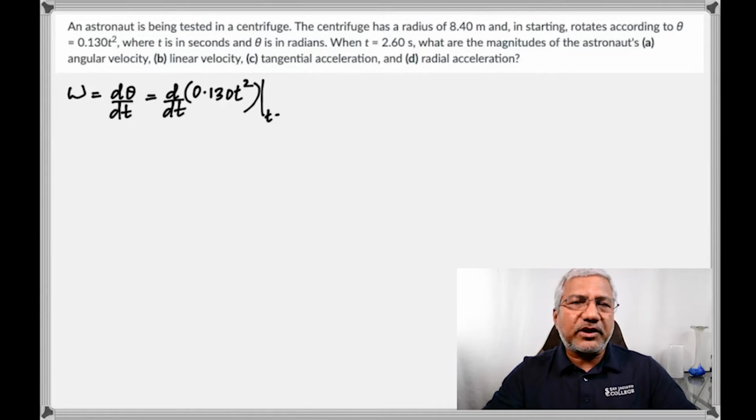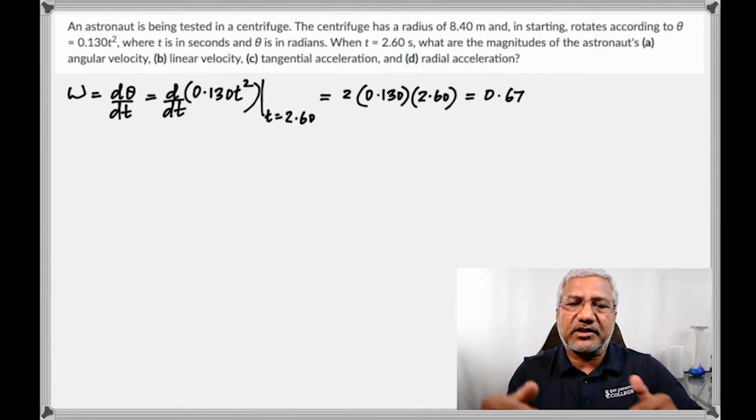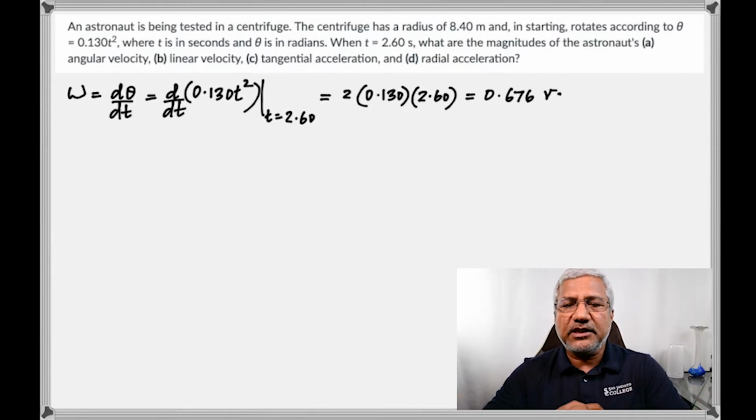And then once you get that, we substitute the value of t as 2.60 seconds. On doing that, we will get 2 times 0.130 times t, and then we substitute the value of t to get 0.676 radians per second. So we have the angular velocity, that's part A.